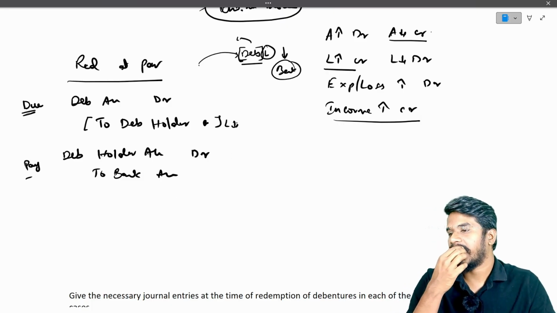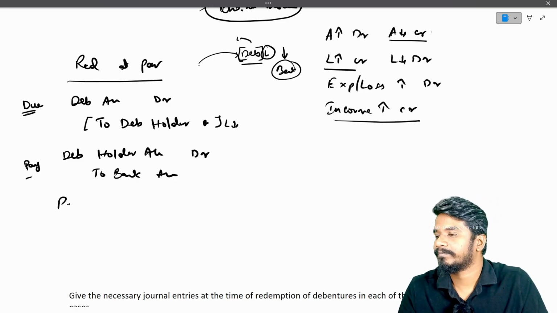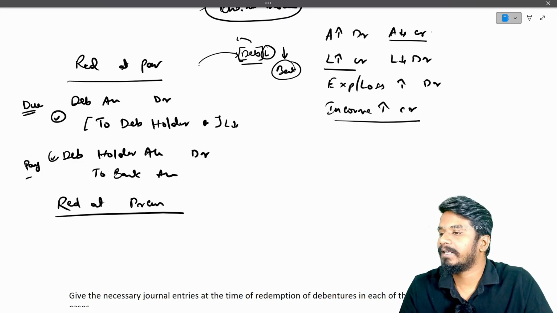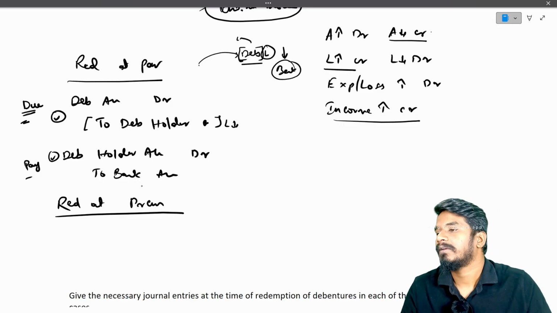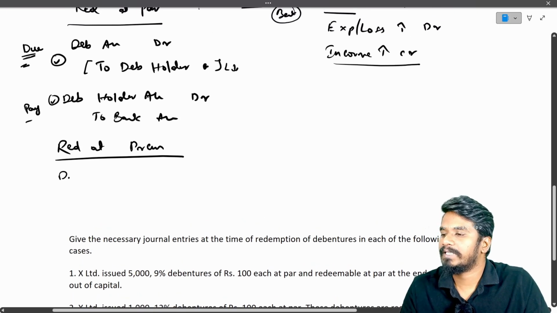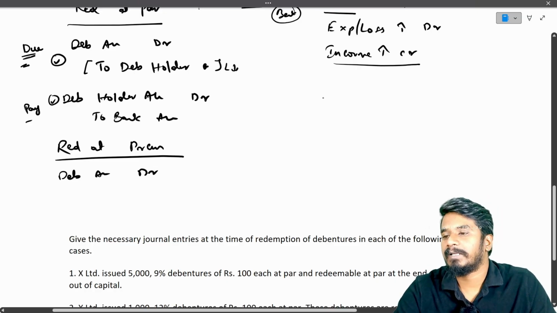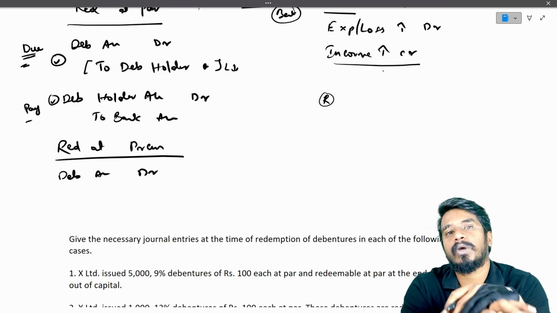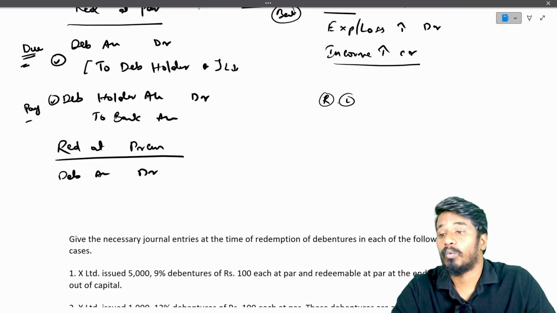In the same case, if we have redemption at premium, let us just see the first entry. The bank entry is the same, the payment entry is the same. There are no changes. Only in the due entry do we have changes. First, obviously, the debenture account will get debited. Premium on redemption we were crediting, and we were also showing it as a loss. So premium was a liability.